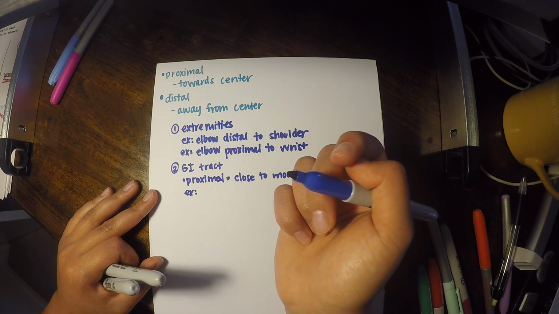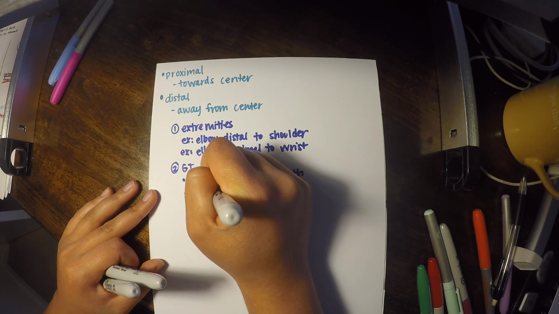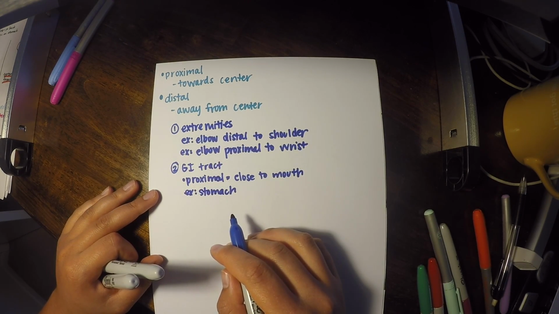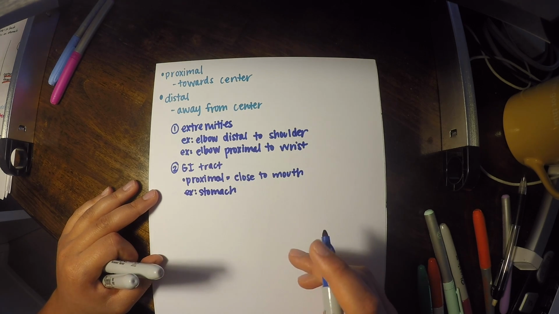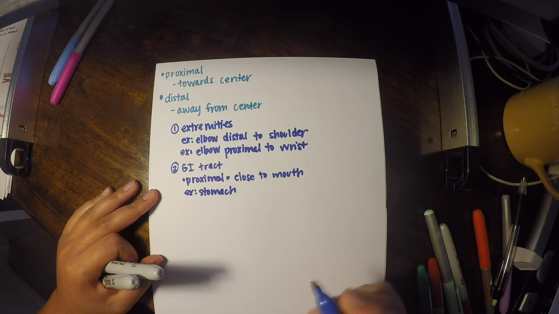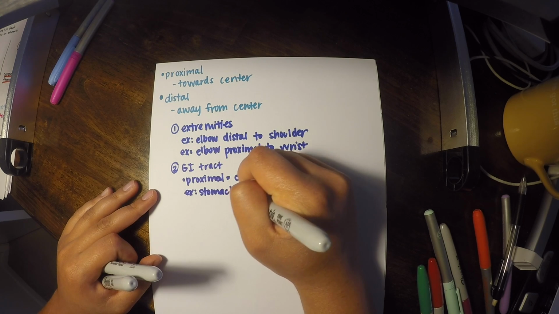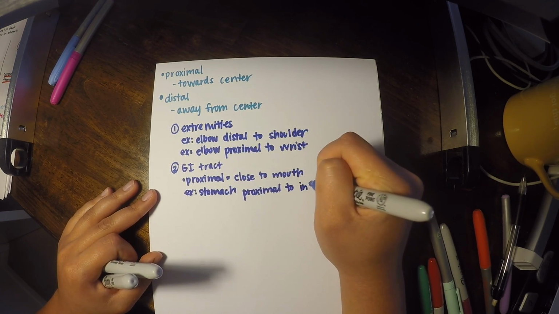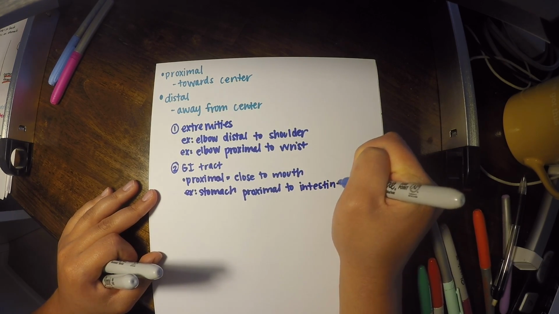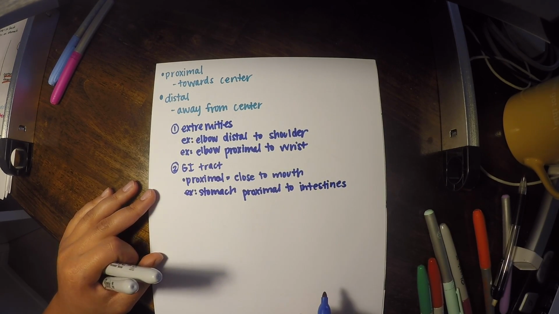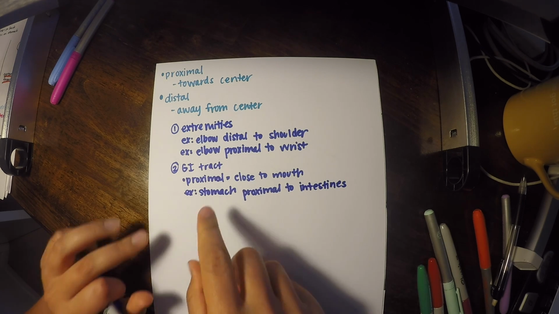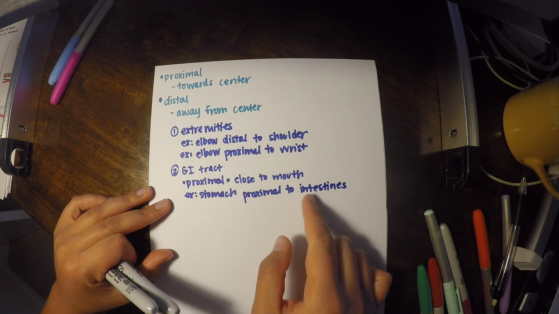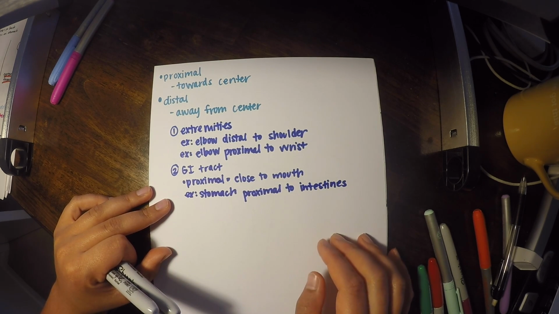Your stomach, right? Food goes through your stomach before it goes through all of your intestines. So along that tract, your stomach is proximal to the intestines. That's because your stomach is closer to your mouth than your intestines are along that tract.